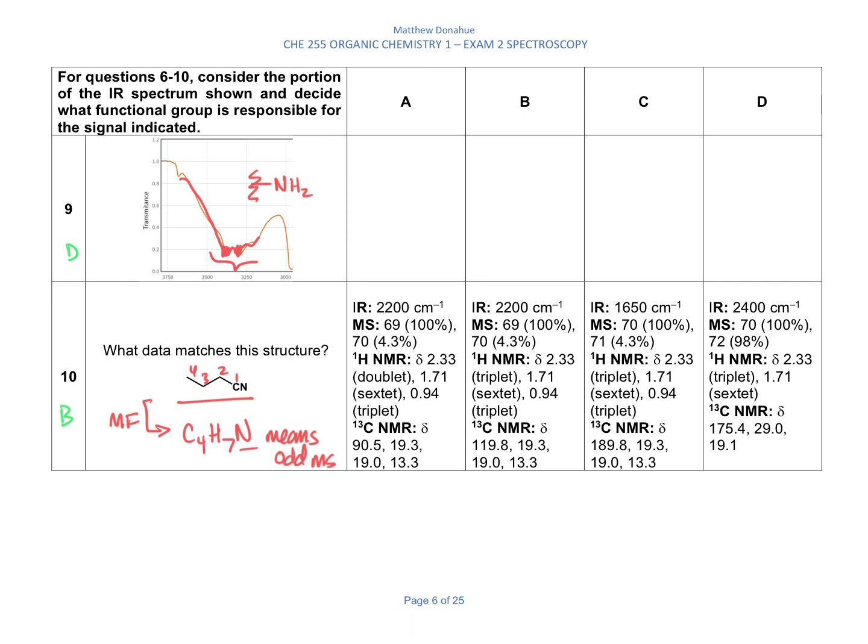So let's see if we can eliminate anything. It looks like we can. We can eliminate C and D because of those even masses for the parent. That leaves us with 69 as the parent ion. Now the CN, what does that mean? CN, if you draw out that Lewis structure, that's a nitrile.